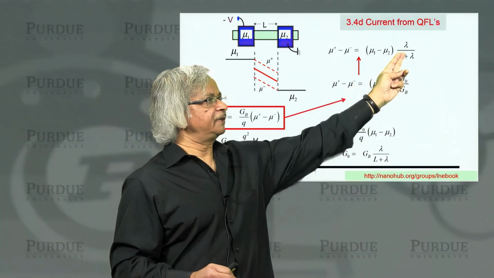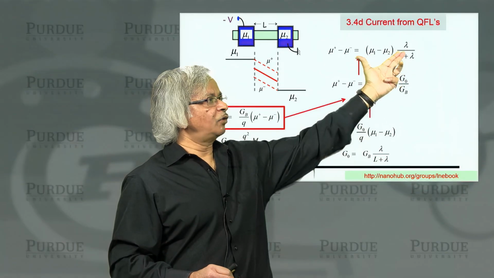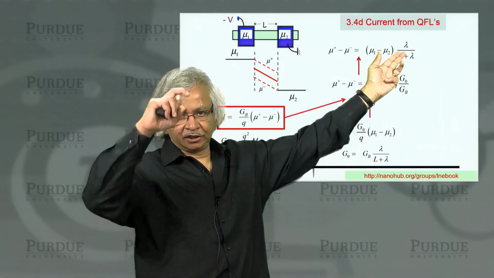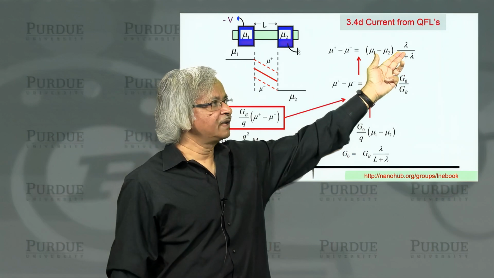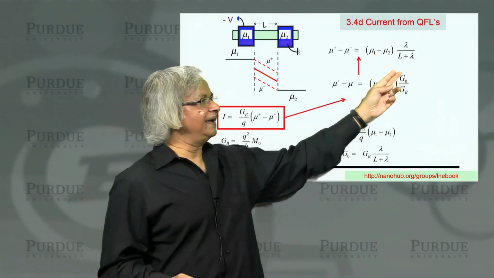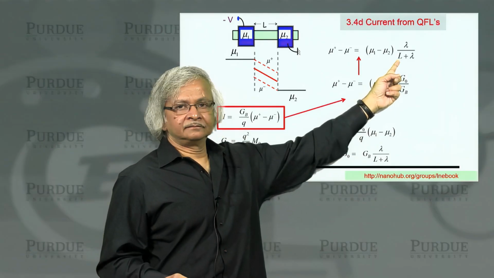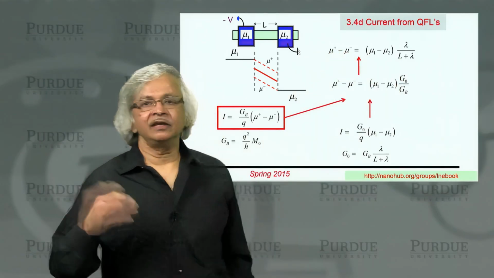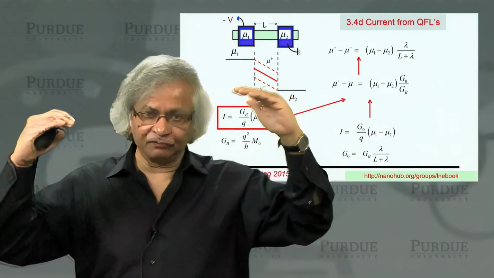So you could drop the L. And then the quasi-Fermi level separation is exactly equal to the applied voltage, the separation between the contacts. On the other hand, if you had a diffusive conductor, then L is big. And so the quasi-Fermi level separation is much smaller than the applied potential difference.